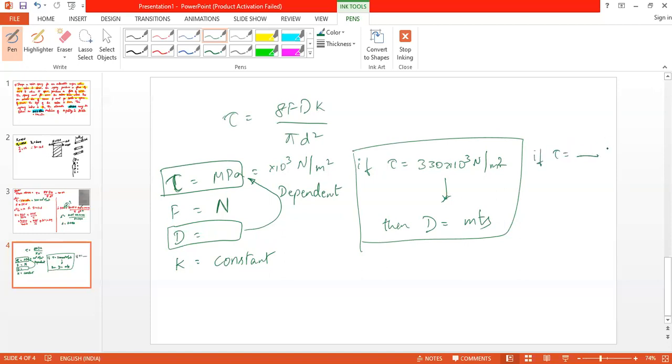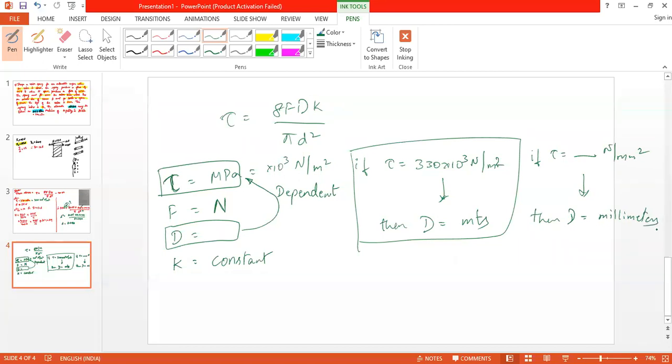If tau is in terms of Newton per mm square, then D will be in millimeters. Is it clear? Yes, sir.